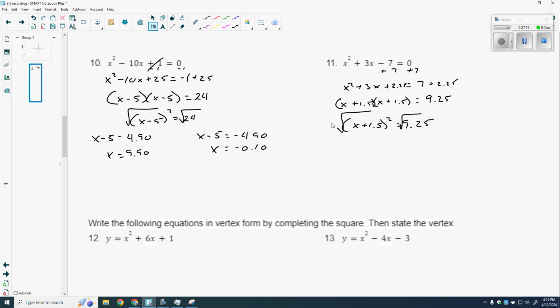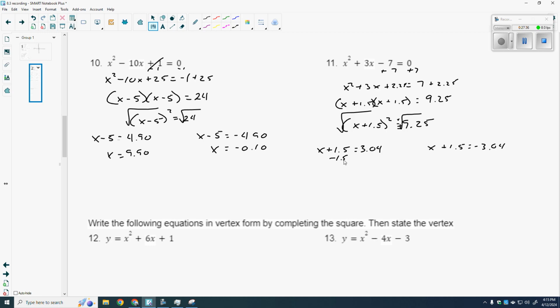Square root both sides. Generate the plus and the minus. The square cancels the square. And x plus 1.5 equals the square root of 9.25, which is 3.04, or negative 3.04.